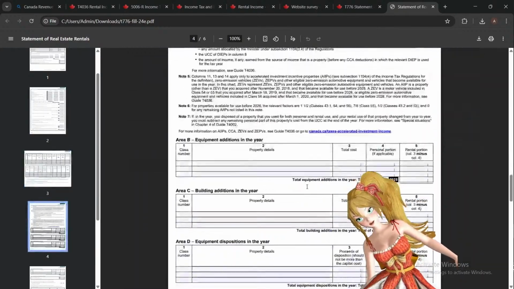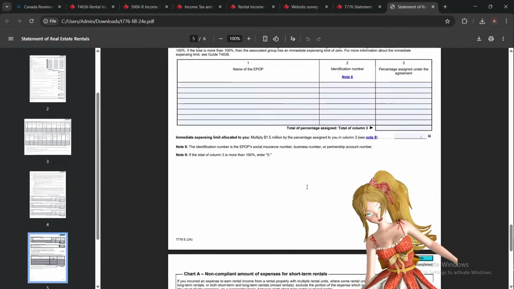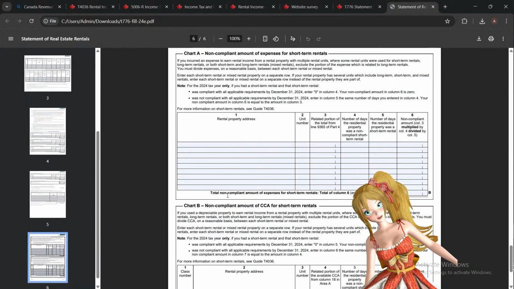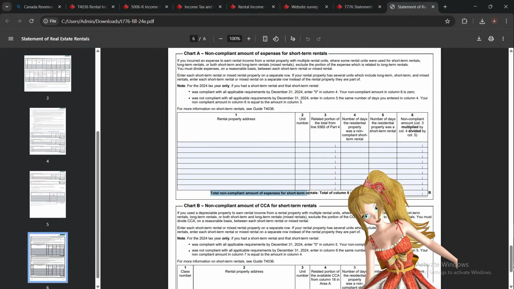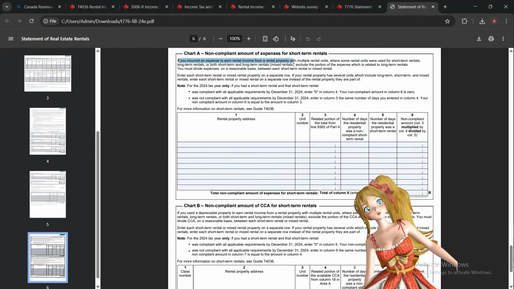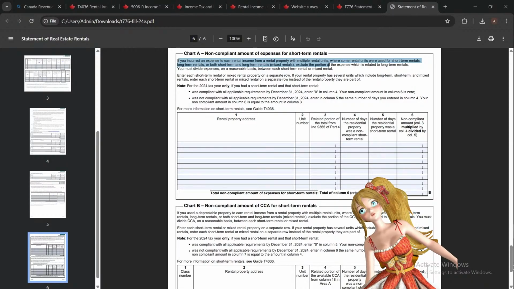Where's B? Non-compliant amount of expenses for short-term rentals. If you incurred an expense... what? I'm so confused, but you might be right.